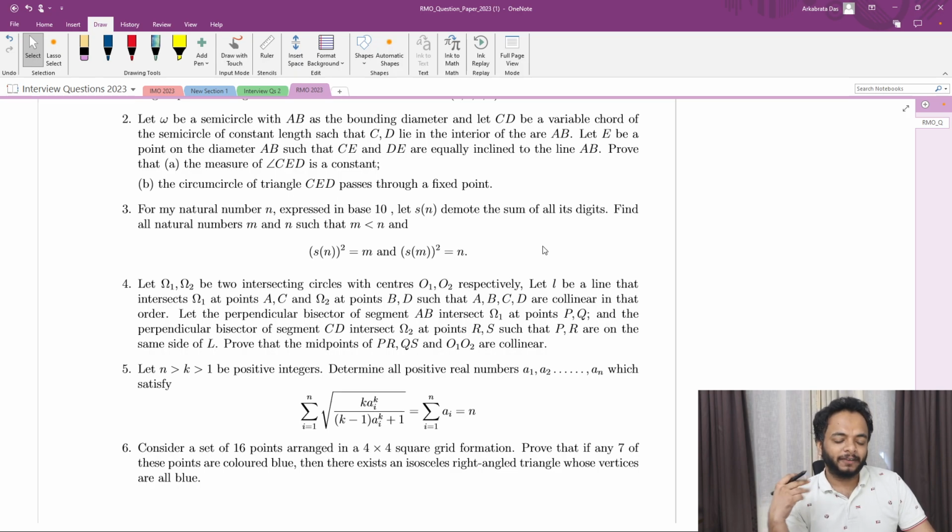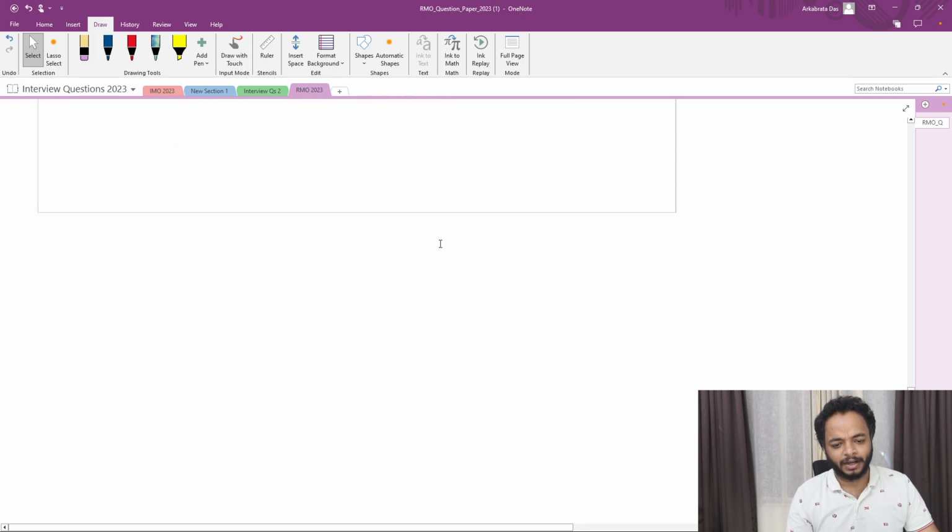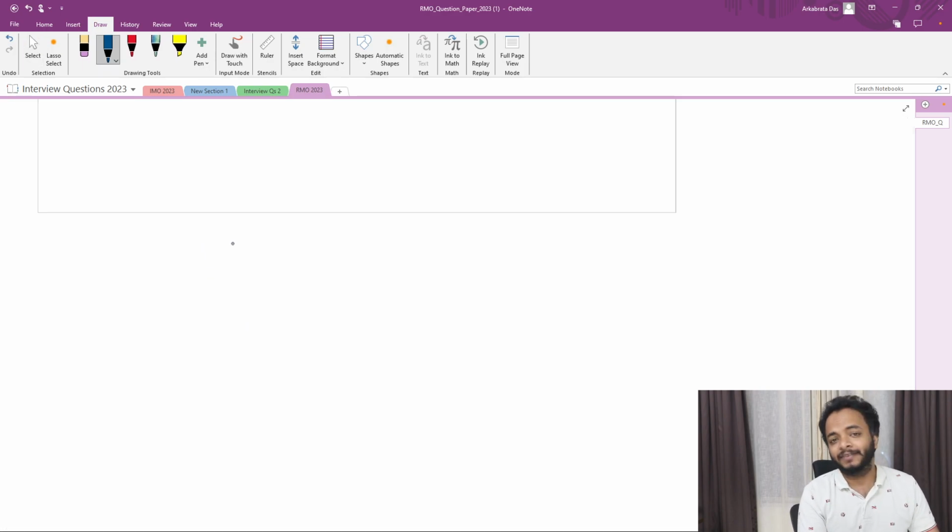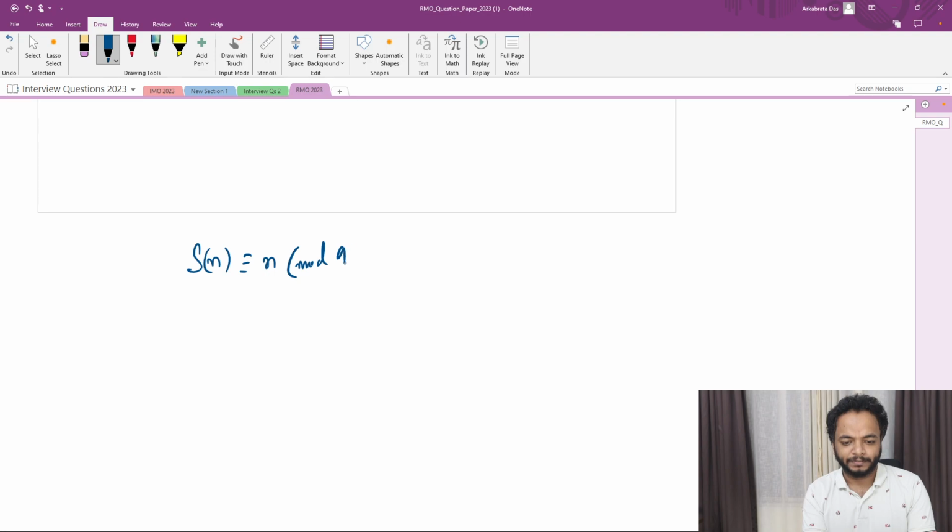If you go in that direction, I also tried it first in that direction, but things did not work out. Why? Let me explain a little bit. Here, Sn will be congruent to n modulo 9.